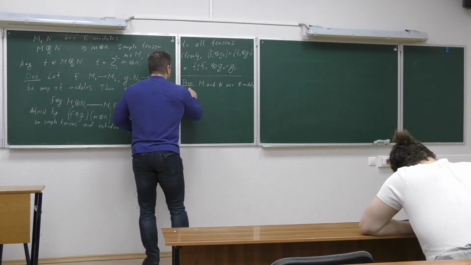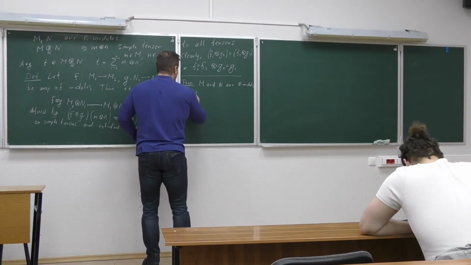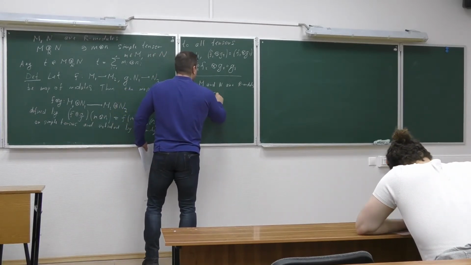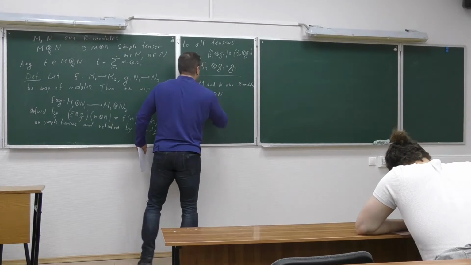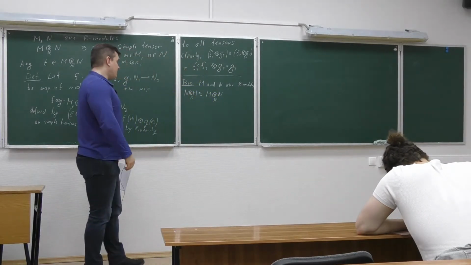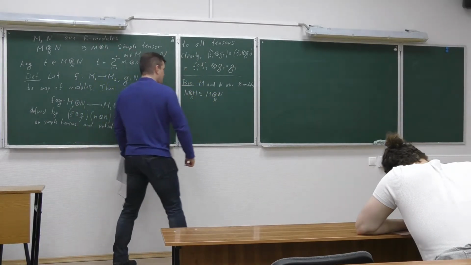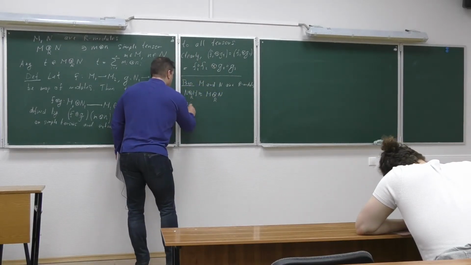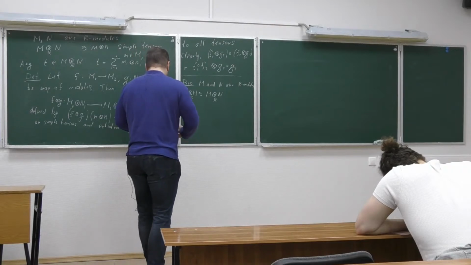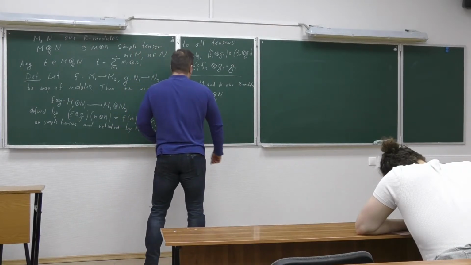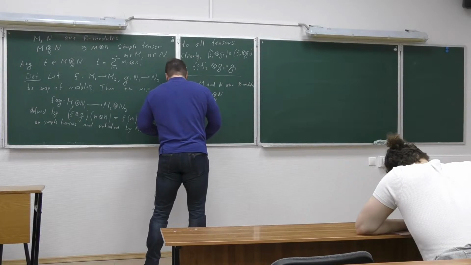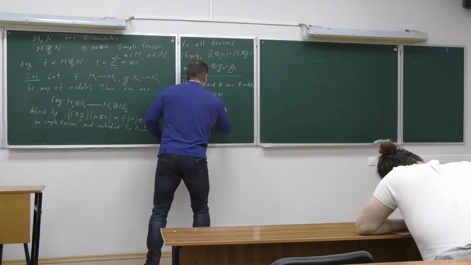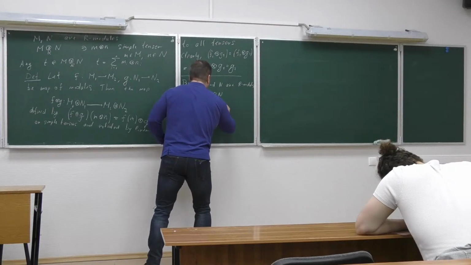Then you can say that the tensor product of N and M, of course over the ring, is the same thing as the tensor product of M and N. So in other words, the tensor product over a ring is a commutative operation on modules. Well, the proof is quite straightforward. Again, we're going to use simple tensors. So first of all, we can observe that there is a map phi from the Cartesian product of two modules, M and N.